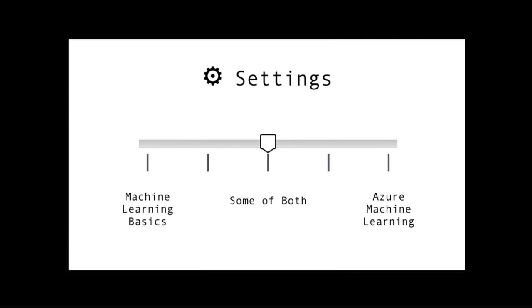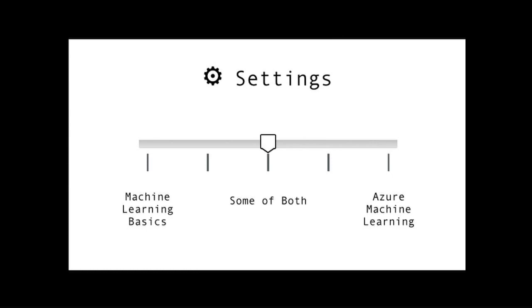I can put it more towards the machine learning basics, or I can talk exclusively about the Azure features, or I can do something somewhere in between. Azure tries to reduce the amount of machine learning background and scholarly work you will have needed to read in order to produce working machine learning systems. However, it doesn't completely succeed. It does assume some familiarity with the space.